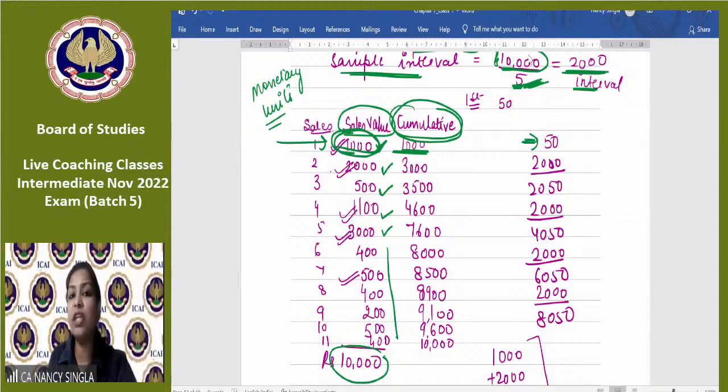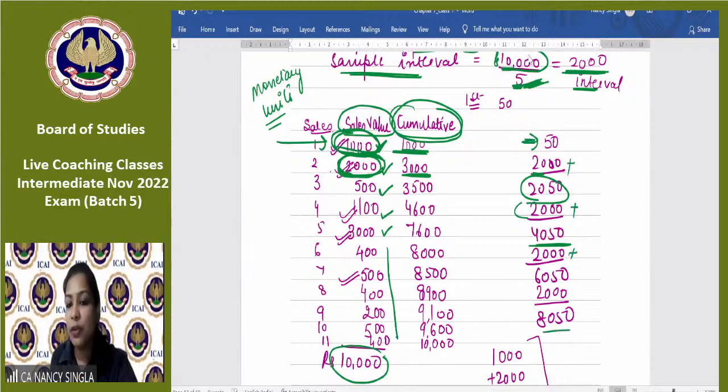The value of the invoice is 1,000. This is not the invoice number. Then adding 2,000 to it, 2050 will come here. So he will take the invoice having a value of 2,000 as another sample. Again adding 2,000, it becomes 4050.